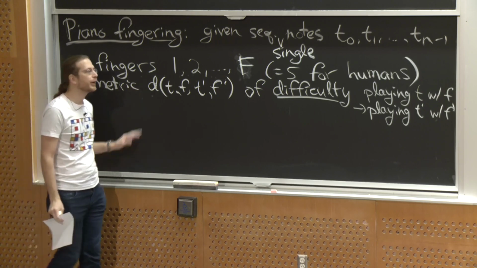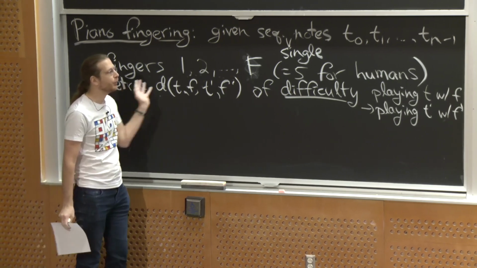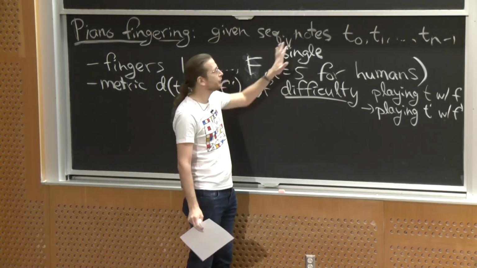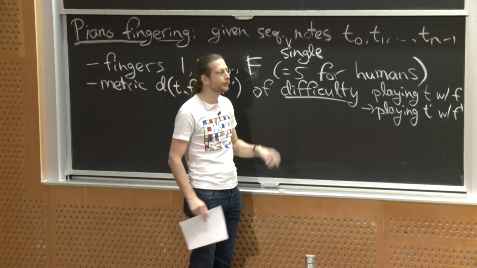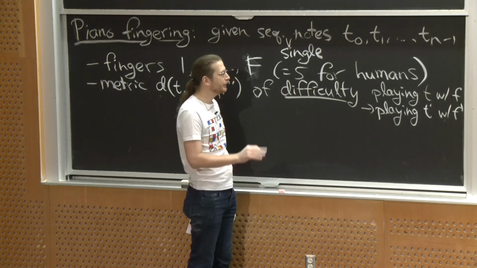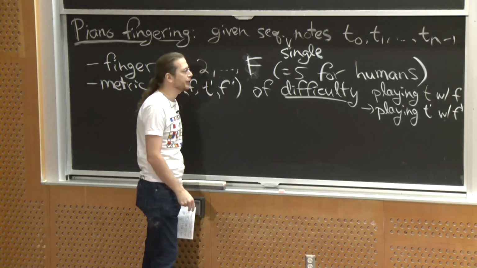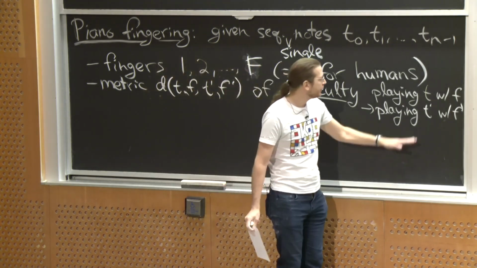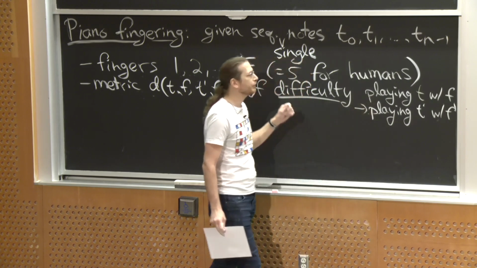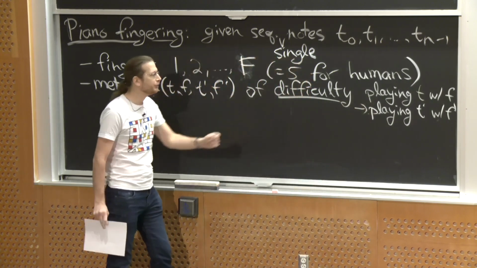I'm not going to worry about the difficulty of the whole piece other than saying, well, I've got to play this note, then I've got to play this note. And for now, just single notes. You play a single note with your right hand, then another single note, then another single note. Let's assume no pauses for now, no rests. And great, so we have this difficulty from going from the ith note to the i plus first note.